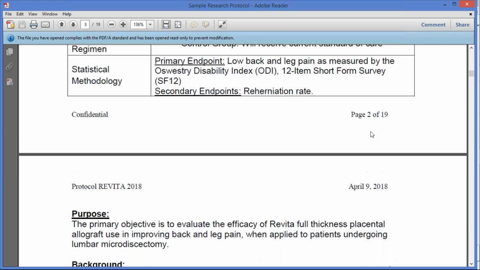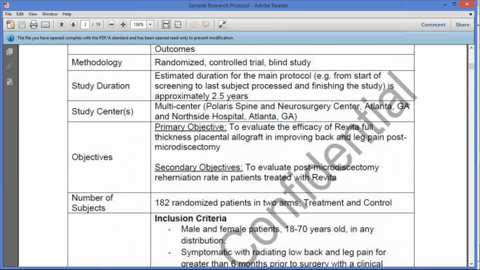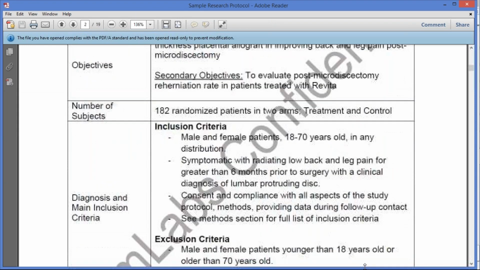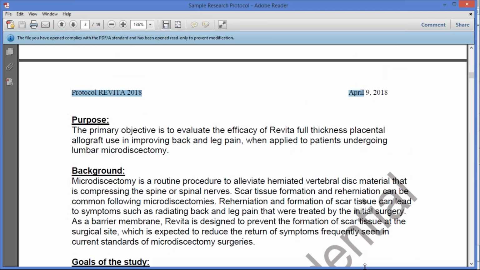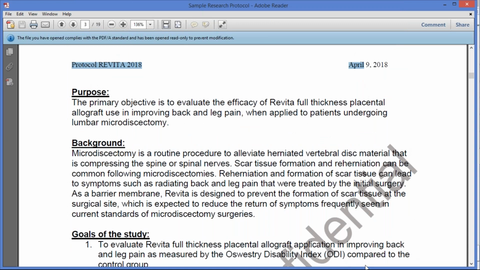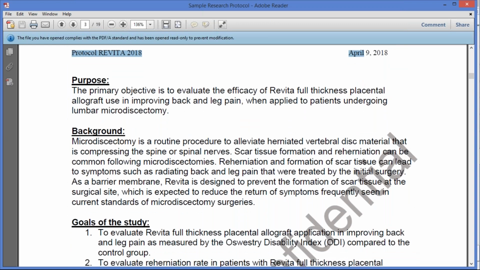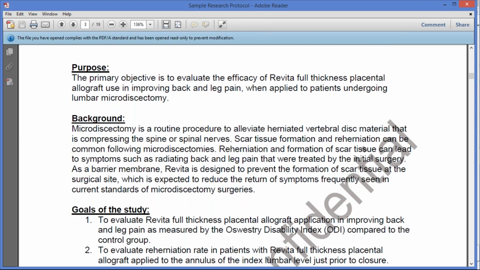This is the synopsis, a short summary about the study. These are all the details. You can see the purpose of the study.